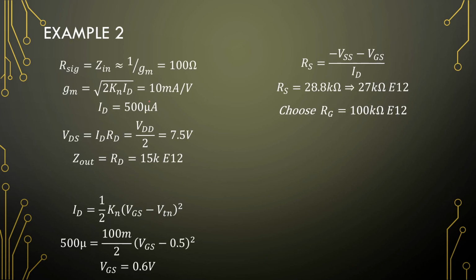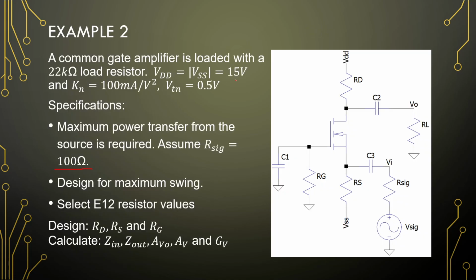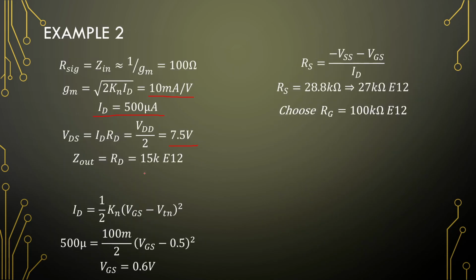Okay, so designing with that, we get a transconductance of 10 milliamperes per volt, gives us a drain current of 500 microamps, and a VDS voltage of 7.5 volts. That gives us a drain resistor of 15 kilo ohms.